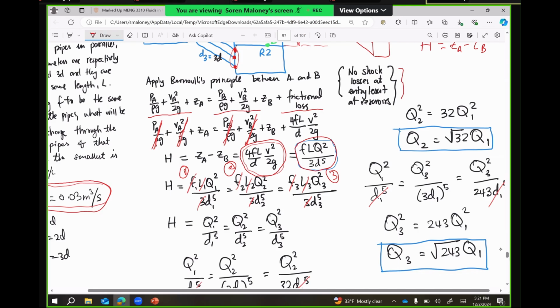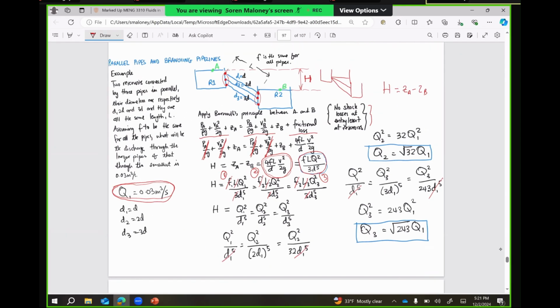The problem also tells me that F is the same for all pipes. L is the same for all the pipes, right? So I can eliminate that F and L and the 3 in the denominator. So I basically end up with an expression that is like this. And I also know the relationship between the diameters of all the pipes, and I have the flow rate in the smallest pipe.